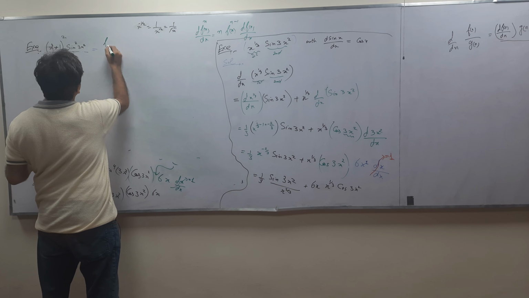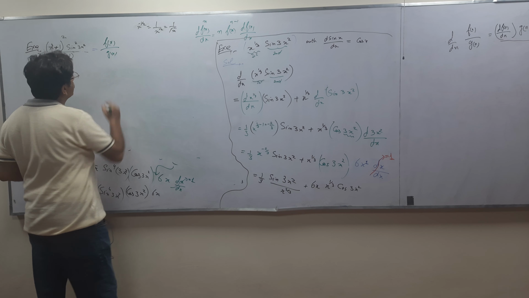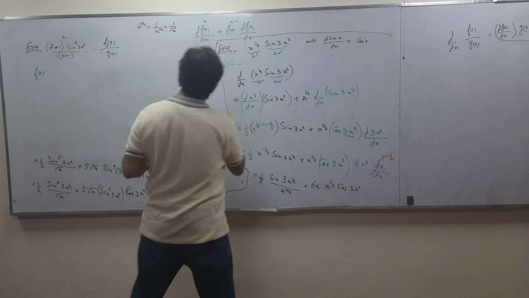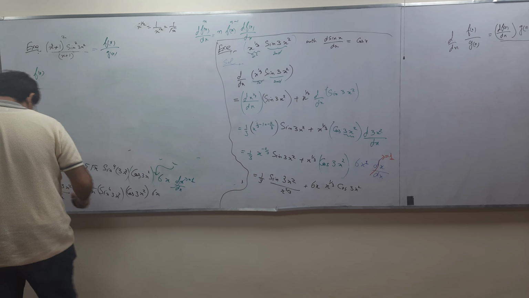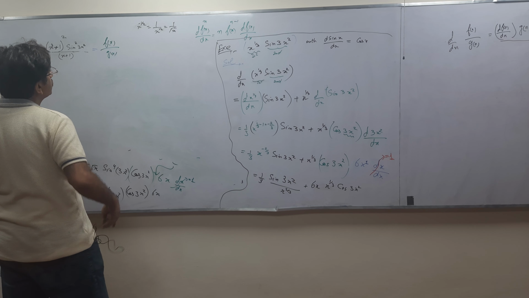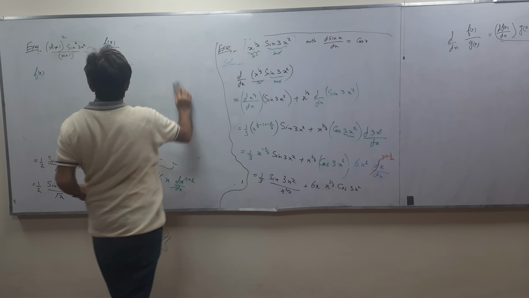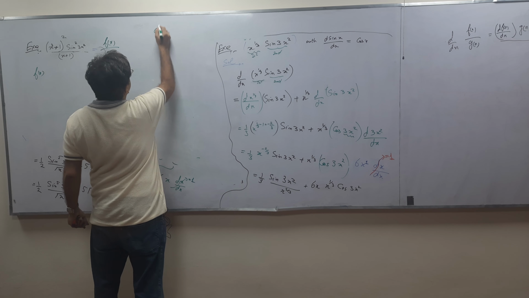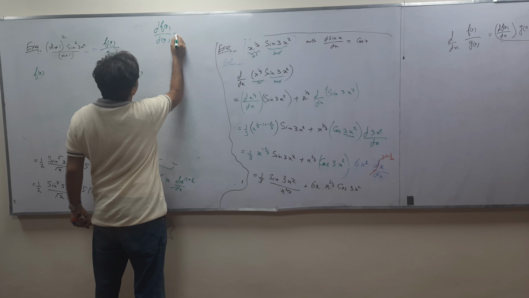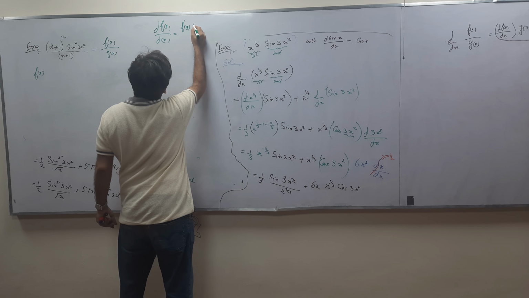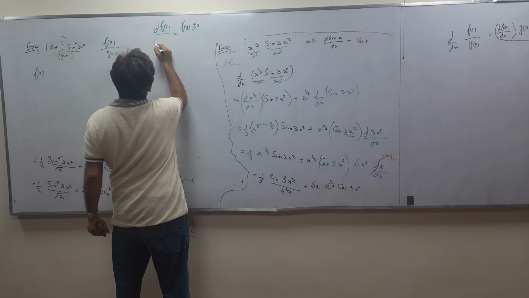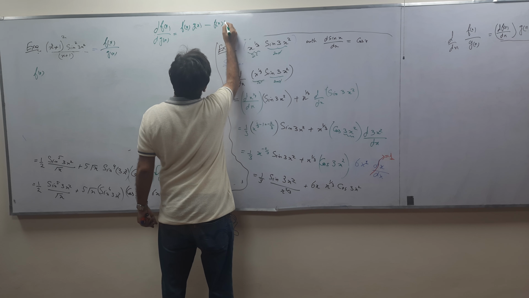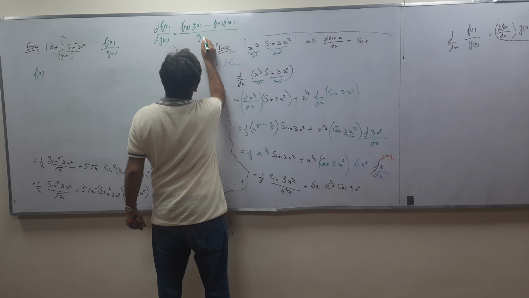Let's suppose this is f(x) and this is g(x). We know the formula for when two functions are dividing: derivative of first function times second function as it is, minus first function as it is times derivative of second function, divided by g(x) squared.